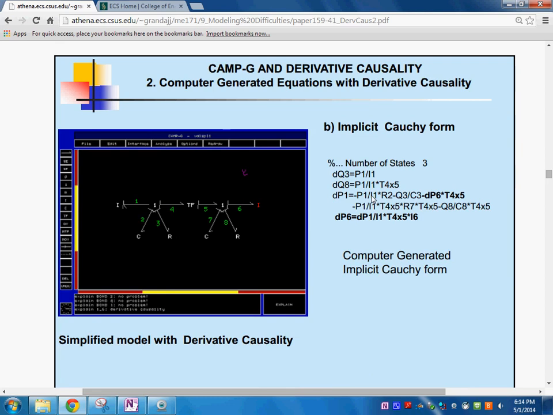When we produce the Cauchy form, we notice something very unusual. You have in here the original 3 C's, the 2 C's, and the I that produced this causal form. But then you have this dependent causal form, and in here the derivative is calculated on the right-hand side, and so is in here.